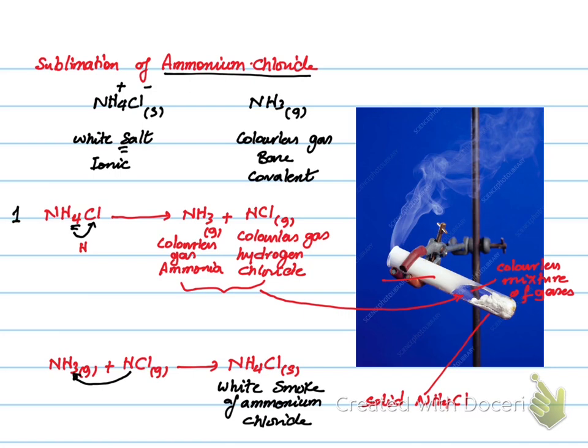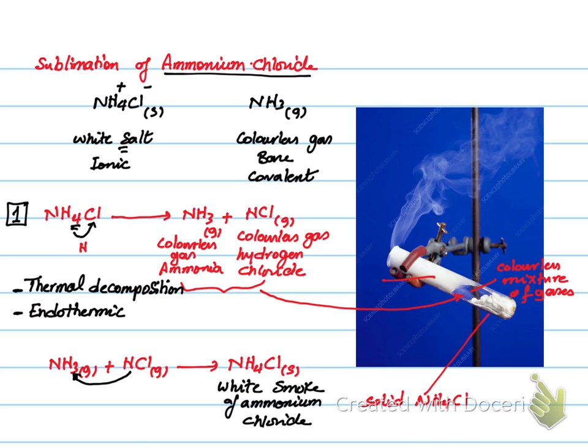We can classify equation number 1 for the reaction taking place at the bottom of the tube as thermal decomposition, because ammonium chloride breaks down by heat into two different substances, ammonia and hydrogen chloride. Second, it's an endothermic reaction because it absorbs heat energy.